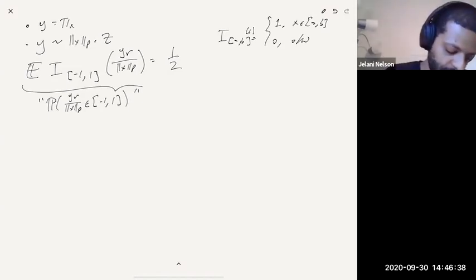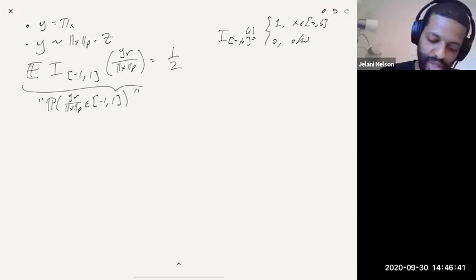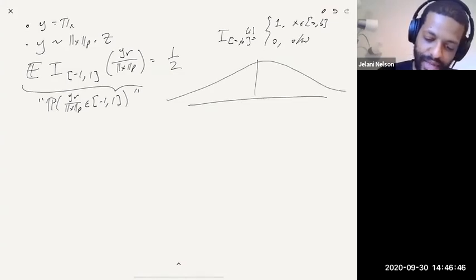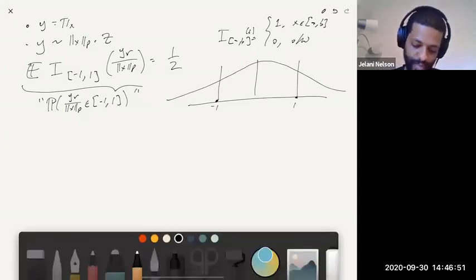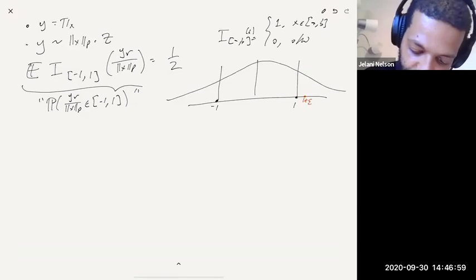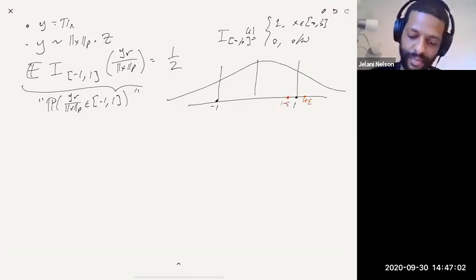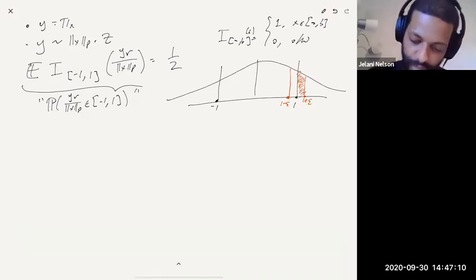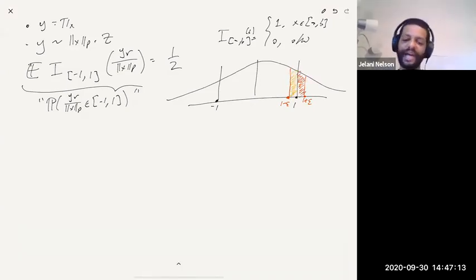Now, what does the distribution look like? Take my word, it looks like this. Here's -1 and here's 1. What if I went to 1 plus epsilon? And what if I went to 1 minus epsilon? So, question for you: how much mass is in that yellow region?